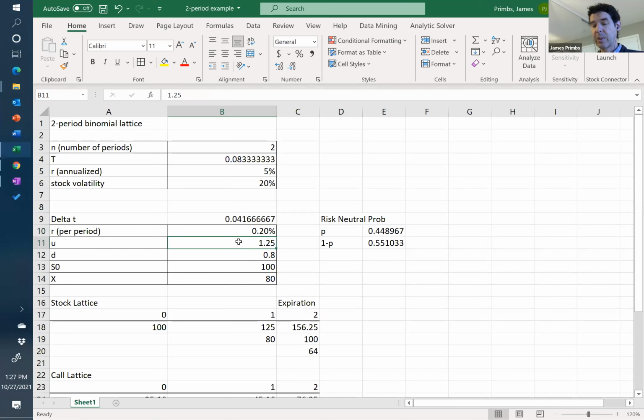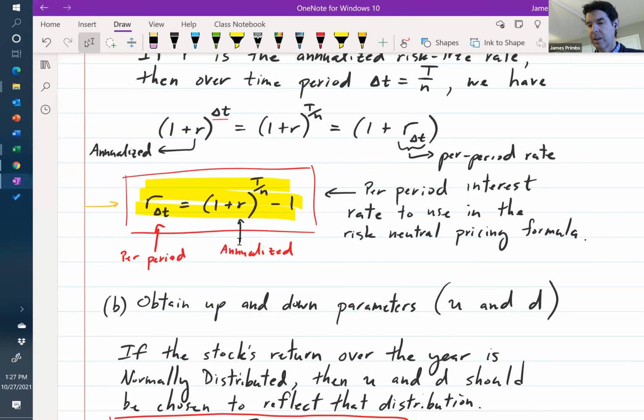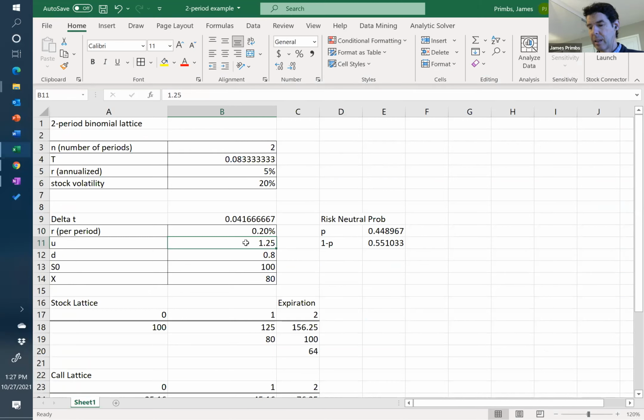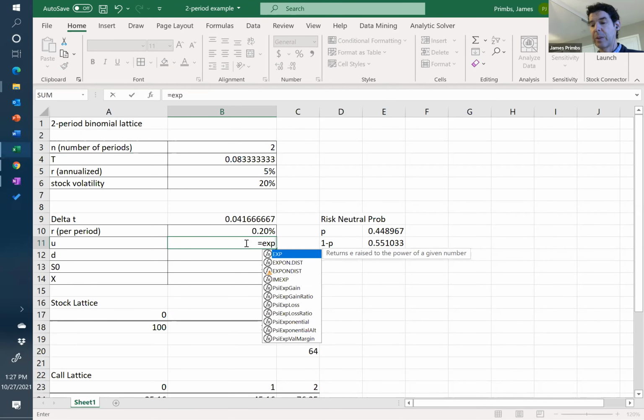And then the last one here is the u and the d. Again, I'm not going to hand you u and d. We're going to calculate them from the stock's volatility. So u is equal to e to the volatility times the square root of delta t. e is the exponential function, which in Excel is exp.